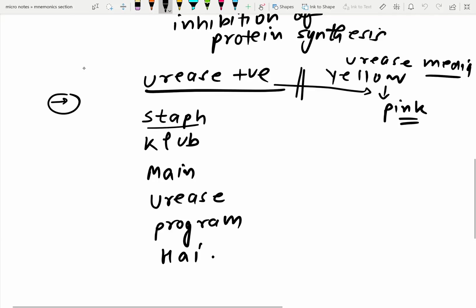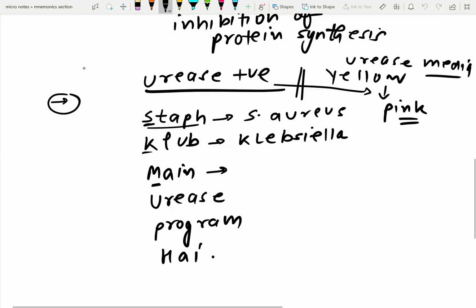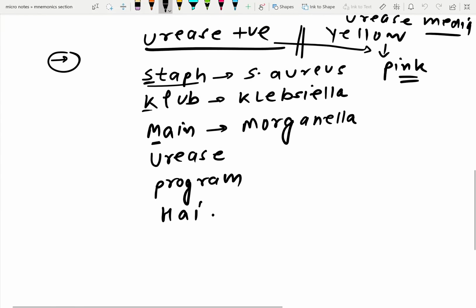So what is there in this urease positive mnemonic? The staph stands for Staph aureus. And this K is Klebsiella. What is M? M is Morganella.